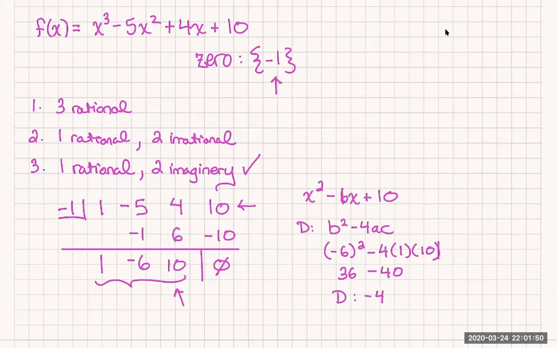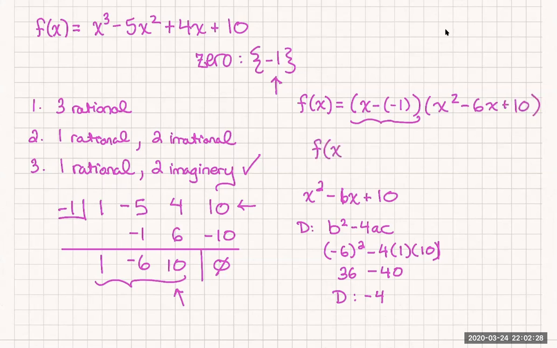So if I had to factor this into linear factors and irreducible quadratics, I'd say my only rational factor is -1, so x minus -1. That would be my only linear factor. The other thing that multiplies with this linear term is the quotient I found, because it's an irreducible quadratic.